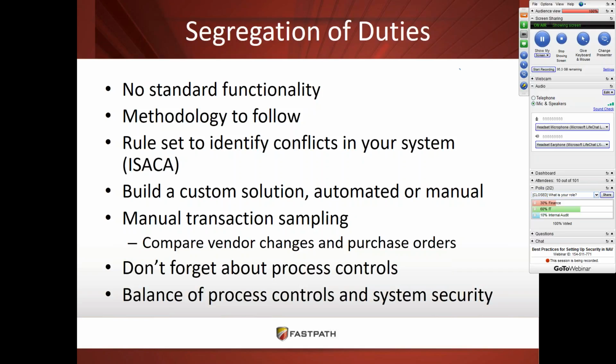And really, again, stressing the fact that process controls are important. It is one way of dealing with the fact that NAV doesn't have any standard functionality for segregation of duties. And it's always kind of a balance of process controls and system security. Again, because a lot of companies are not big enough to have one person that only enters vendors and one person that only does POs.